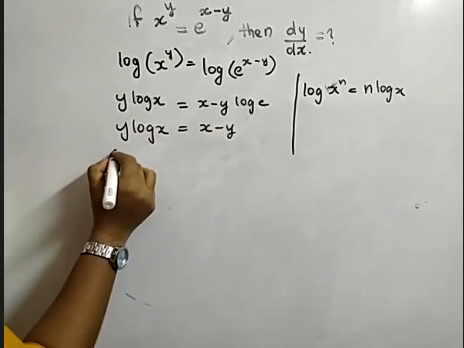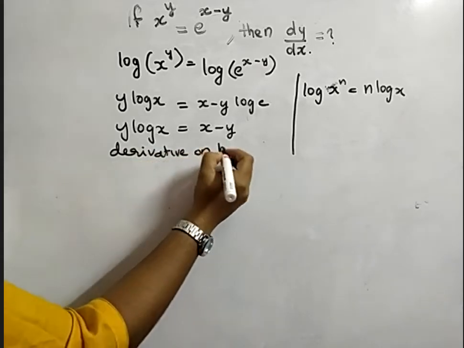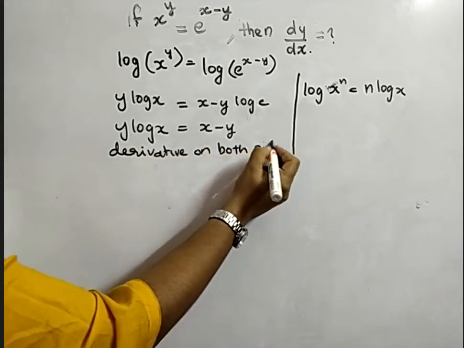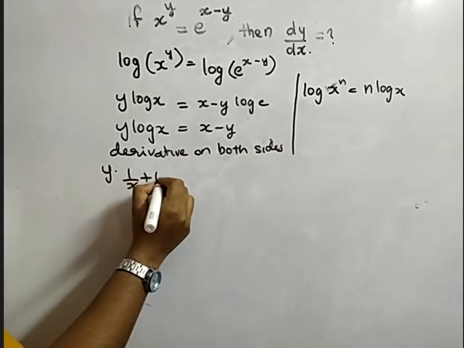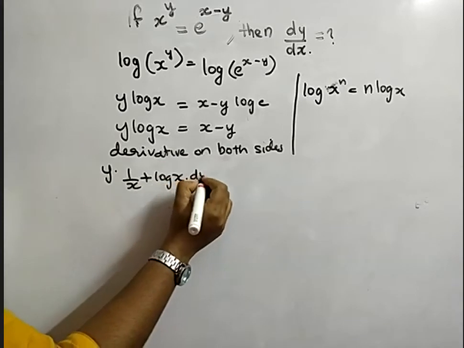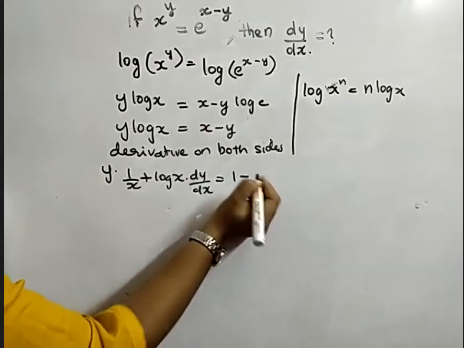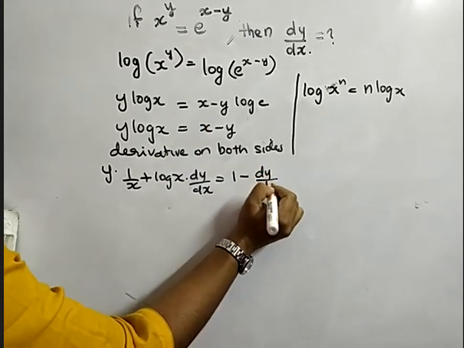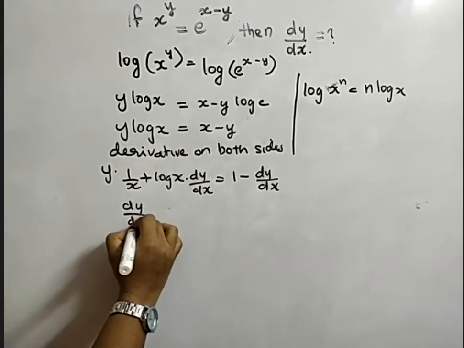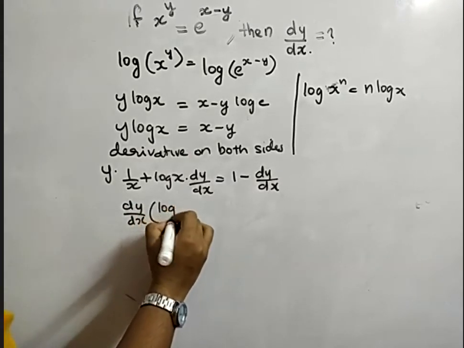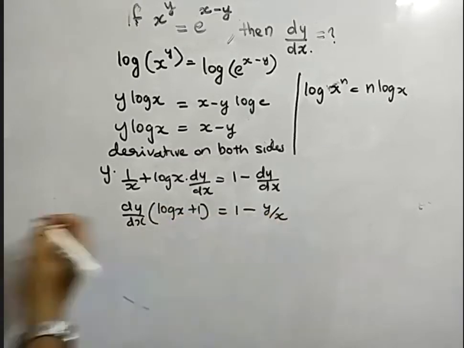Now take derivative on both sides. First function into derivative of the second function plus second function into derivative of the first function is equal to, here, 1 (derivative of x is 1) minus dy by dx. Take dy by dx on the same side: dy by dx into log x plus 1 is equal to 1 minus y by x.